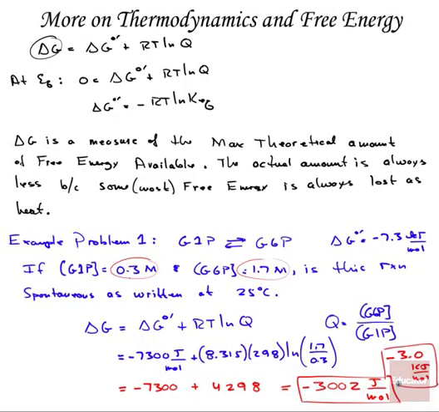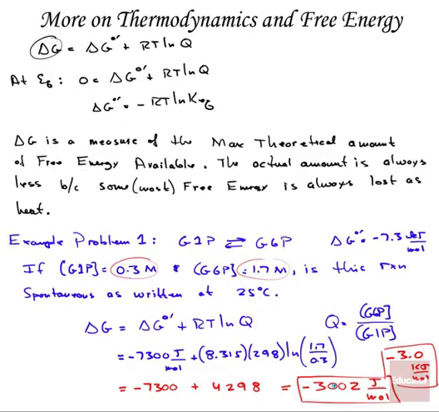Well, it's still spontaneous. It is negative, negative 3 kilojoules per mole. But notice, under standard conditions, it's more than twice as spontaneous. That's negative 7.3 kilojoules per mole. So under these circumstances, I only have about 3,000 joules of free energy available.